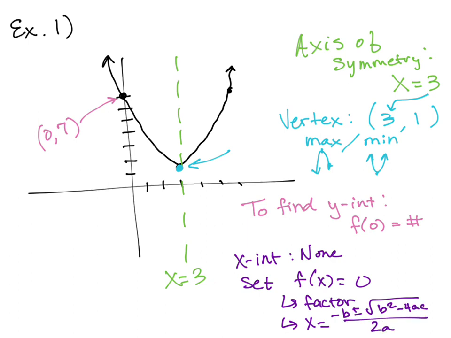That's it. So you've got two options for finding x-intercepts. You can either factor, and I would try that first, or you can use the quadratic formula, and we can find those zeros. And understand that you may not have them. This is a perfectly good parabola that does not have any x-intercepts.